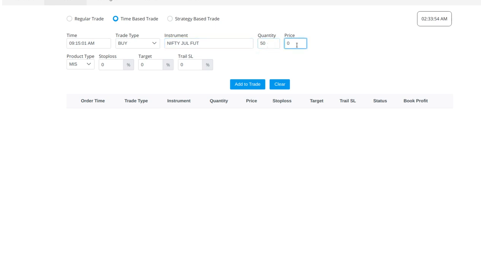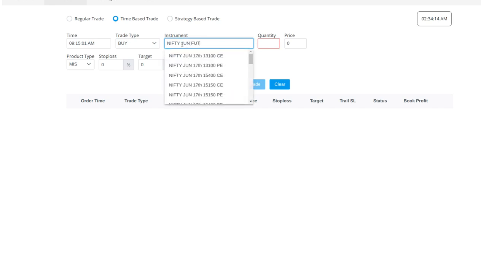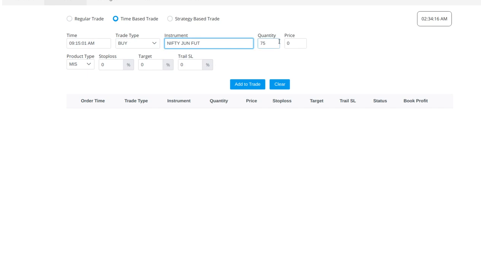Here in the price section, but before that, I would like to talk about the quantity. In the quantity, you can put as much as you want. I'm not sure about the July contract, but in the June contract, the maximum tradable quantity per order is 4,950.